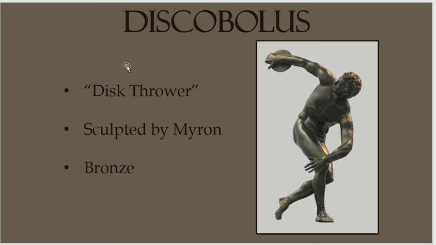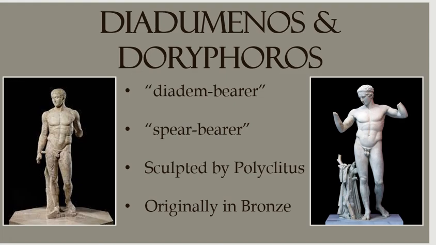And so the next classical example we're going to look at is both Diadumenos and Doryphoros, which means diadem bearer and spear bearer. These are famous sculptures by Polykleitos, a famous sculptor.